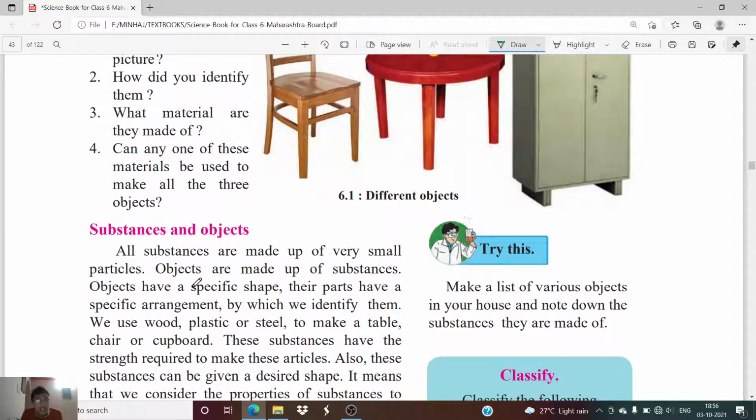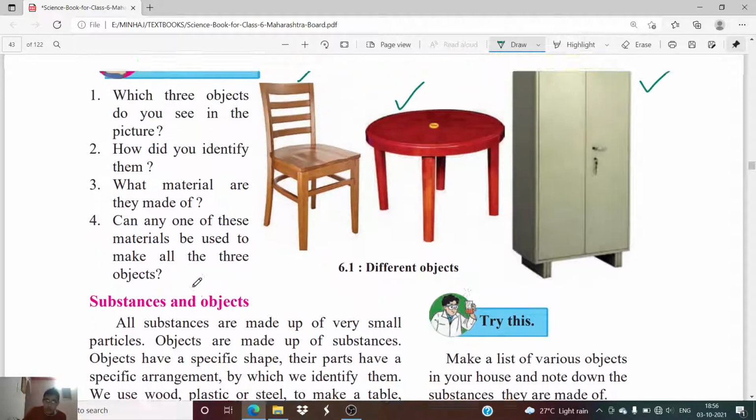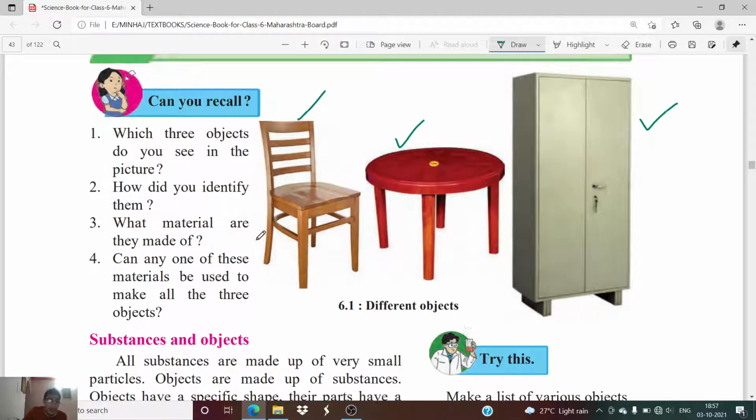Now objects have a specific shape, and their parts have a specific arrangement by which we identify them. Consider this chair. How can we say it is a chair? Because it has four legs. It can be used to sit upon. Then we have a support for our back, and there is a flat surface to rest our body on.